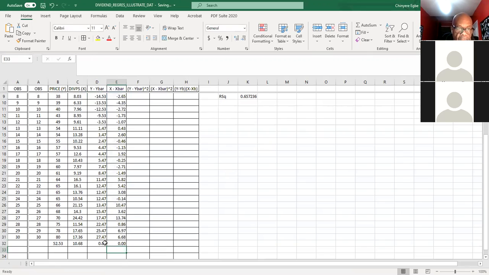It gives you a 0. So when you add up X minus X bar, or Y minus Y bar, you get a 0 here.